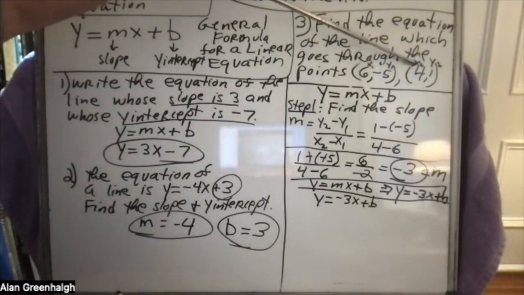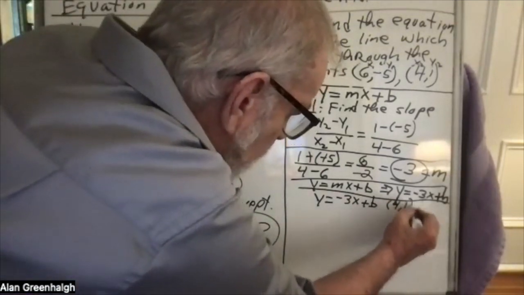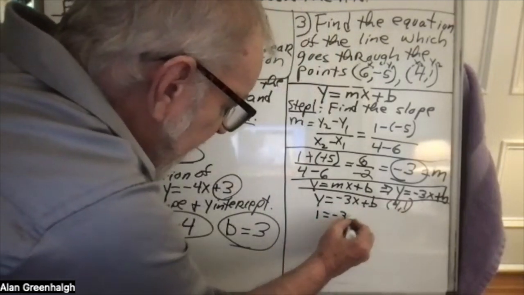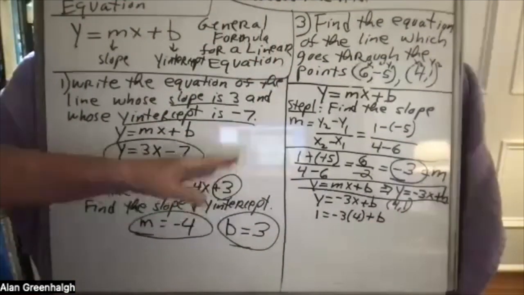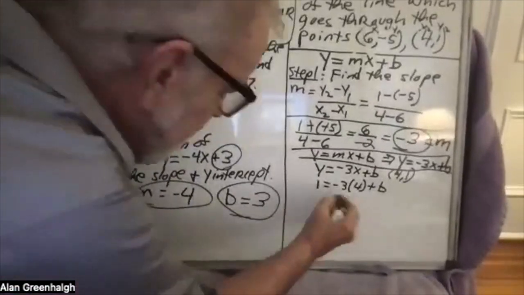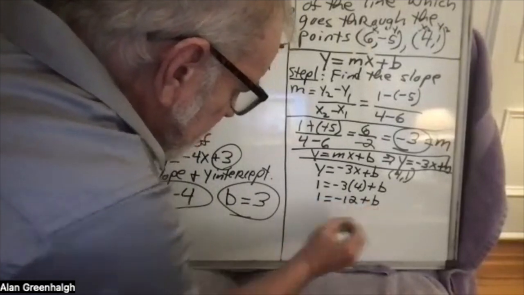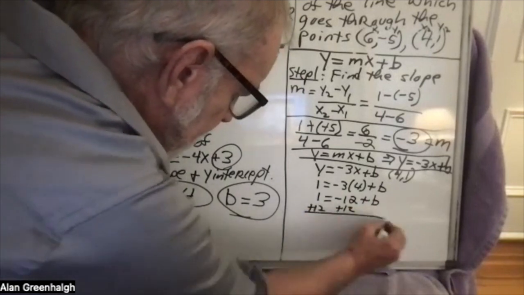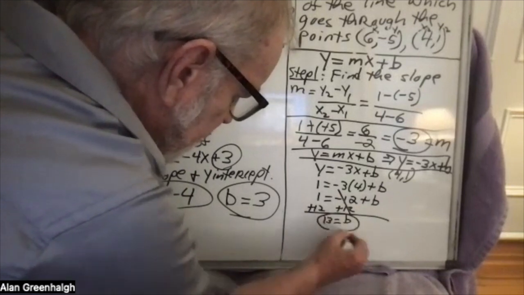So let's substitute (4, 1). y is equal to 1, x is equal to 4, plus b. If we solve this little equation, this will give us the value of b. So 1 is equal to negative 12 plus b, add 12 to both sides, b equals 13. There it is.